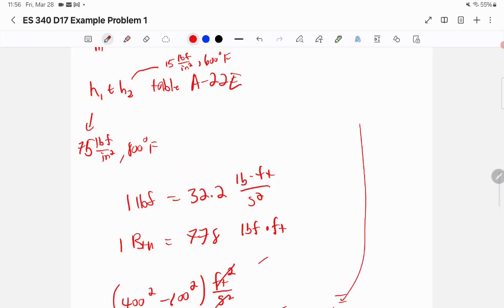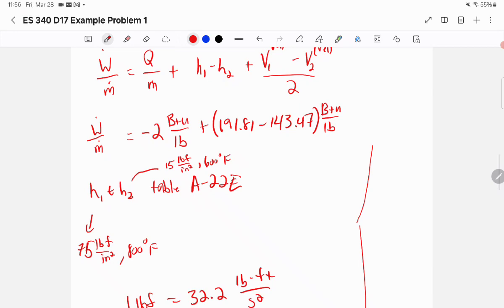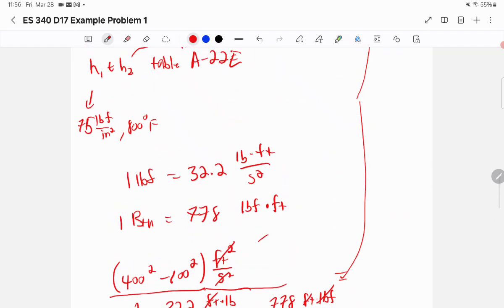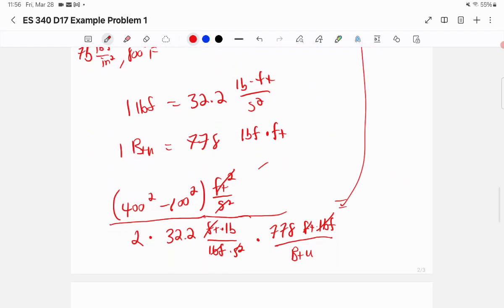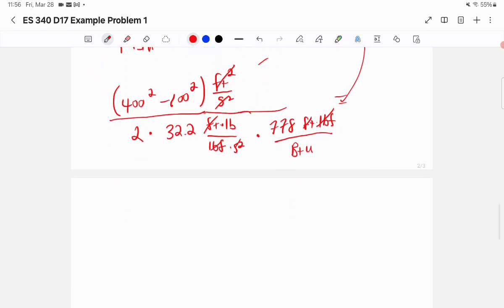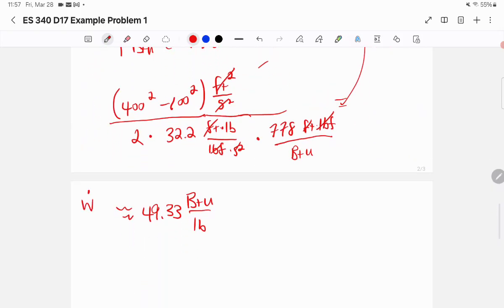So I'm going to take that and plug that value in, plus this value up here. Okay, so now we've done the conversions, and this comes out to be approximately 49.33 BTU per pound. So that's my W dot over M dot here.